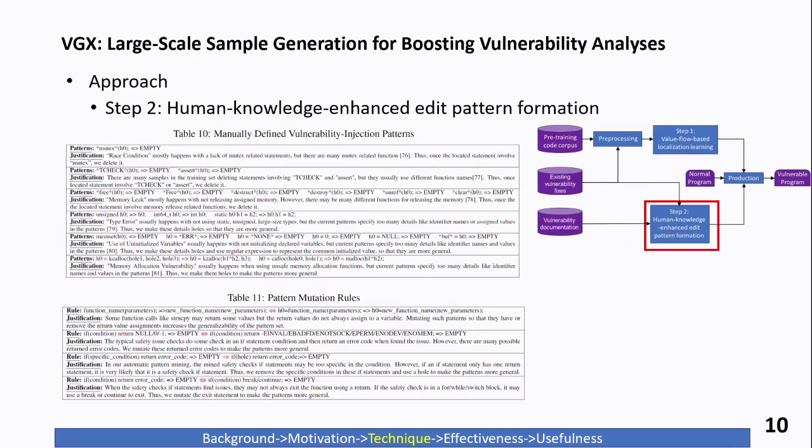After that, you can use a technique called anti-unification to generate more general patterns that summarize all of the concrete edit patterns. That's how you represent the edits.